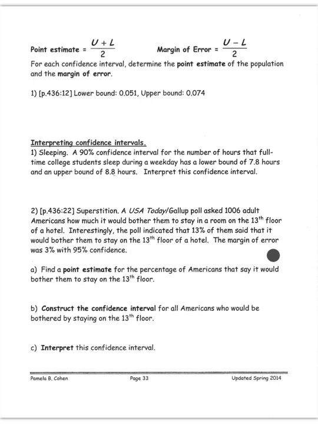So the point estimate here, the point estimate, I don't even have to calculate. They told me what it is. It's 0.13 because the sample indicated that 13%. So that's all I need for that.